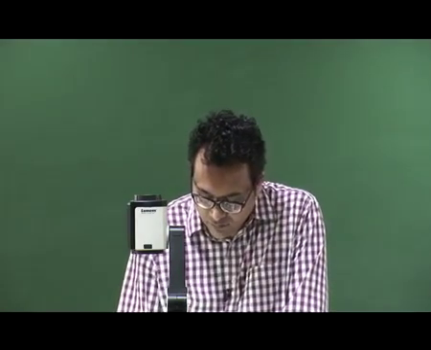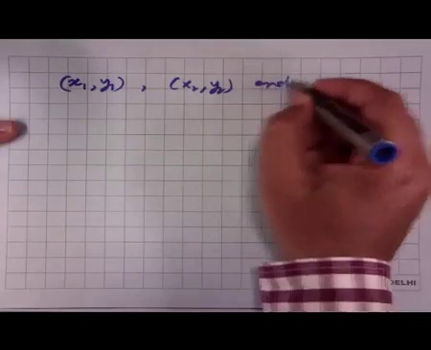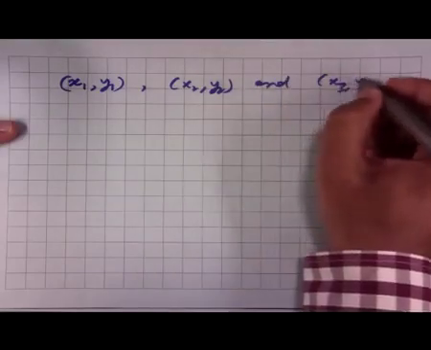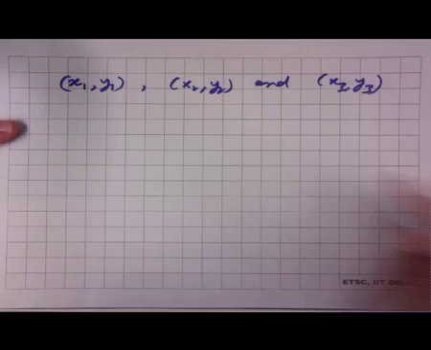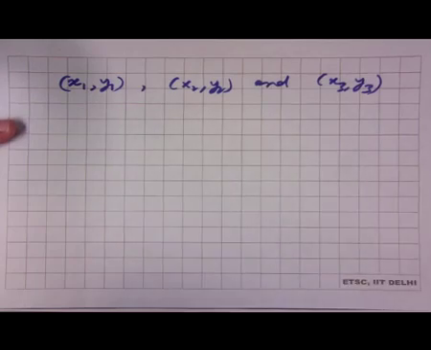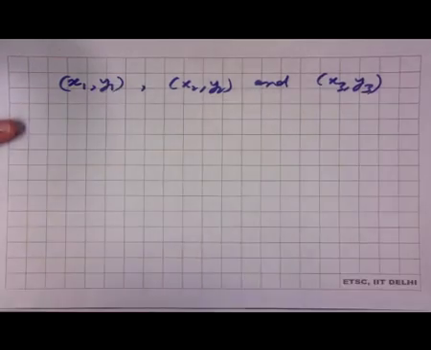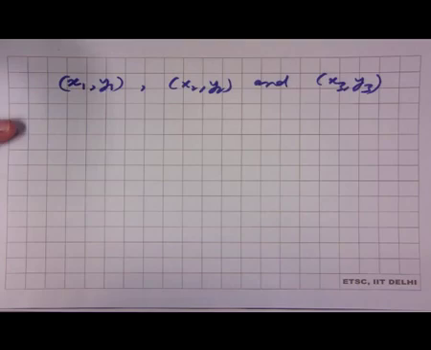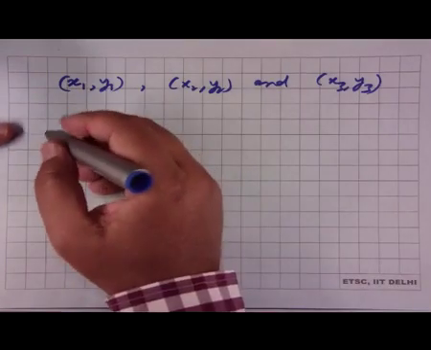So, with regards to the previous problem where we were given 3 points which were non-collinear, and we were asked to find the equation of a circle which passes through all these 3 points. Apart from the method that we discussed, another method is as follows.